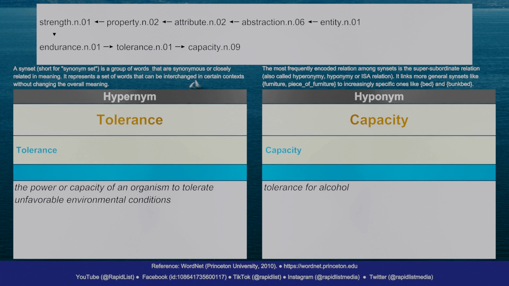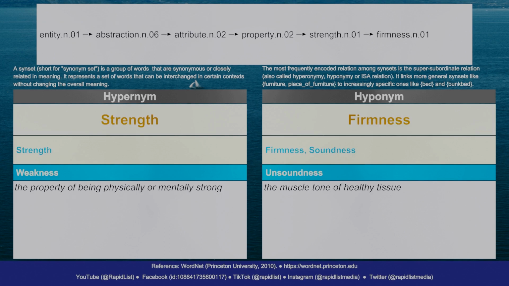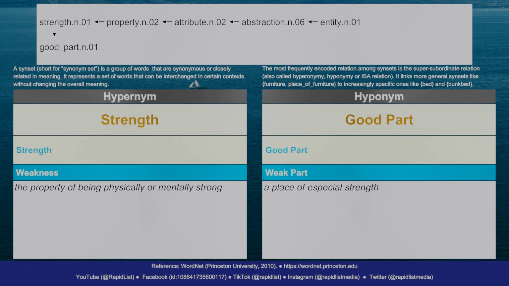He had drunk beyond his capacity. Firmness. The muscle tone of healthy tissue. His muscular firmness. Good part. A place of especial strength.